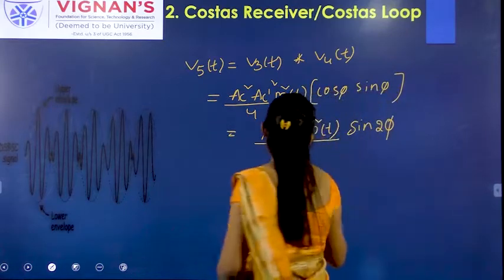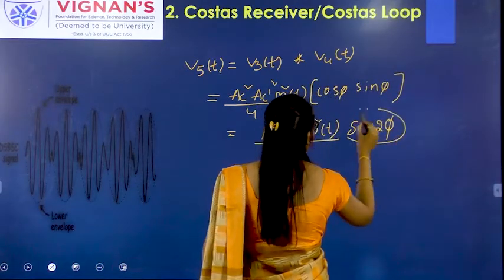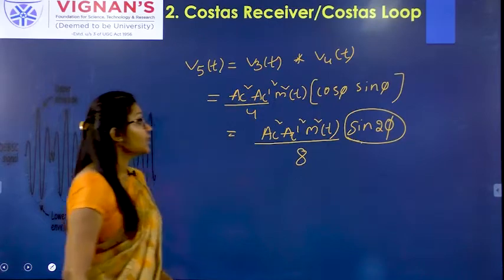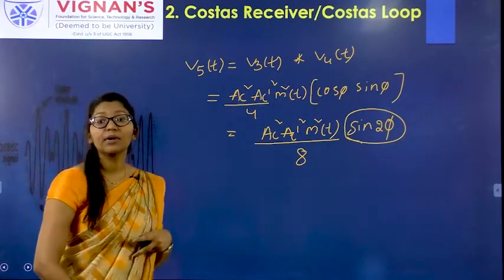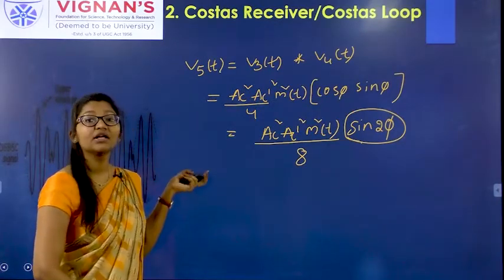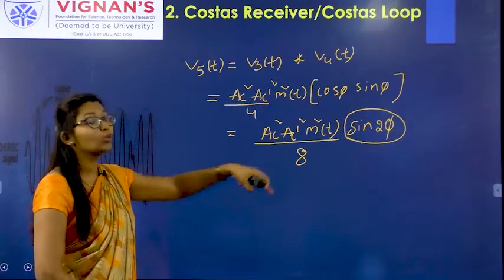So finally what has appeared here? Some error, sin 2 pi. So V5 of t is nothing but your error signal. That error signal appears as some sin 2 pi error.